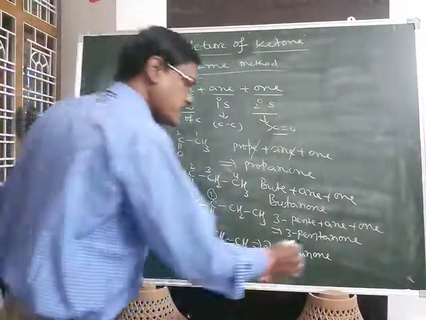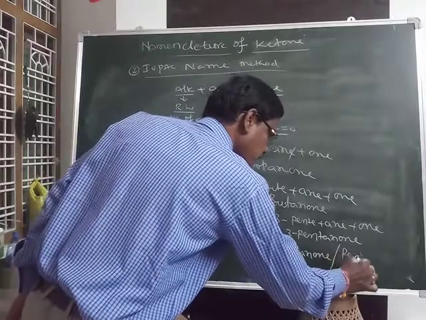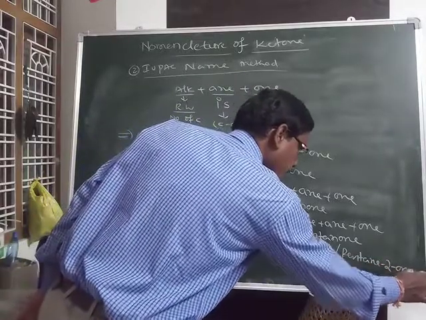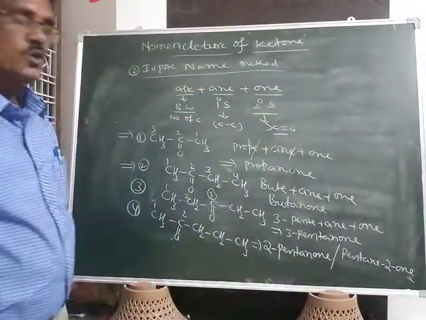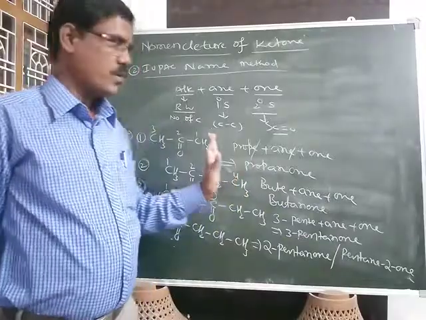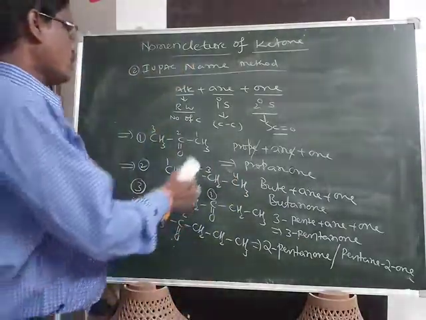In some cases we can also write pentan-2-one, and here pentan-3-one. So this is the nomenclature of ketones.